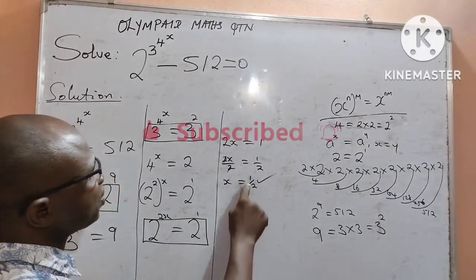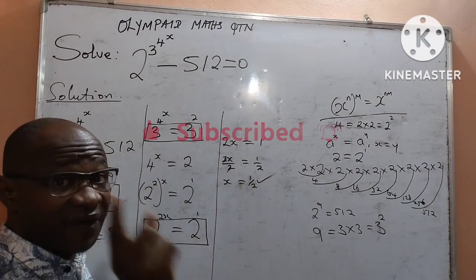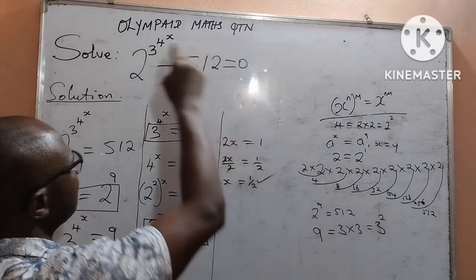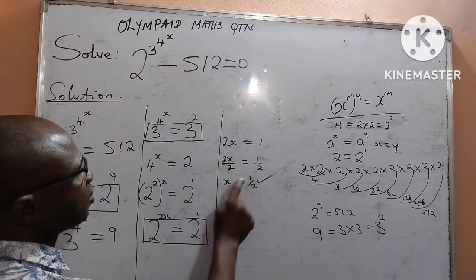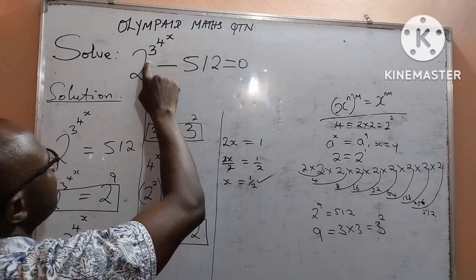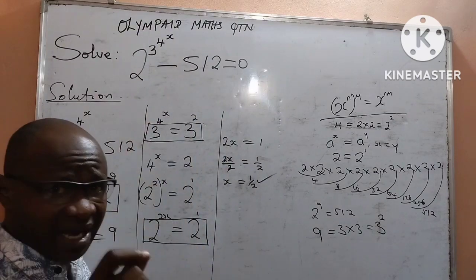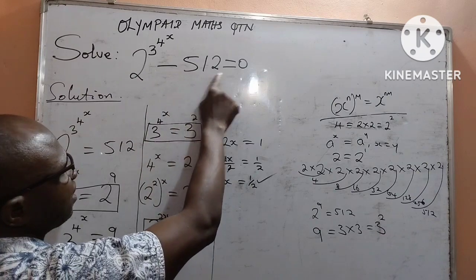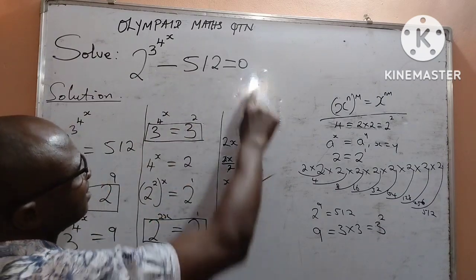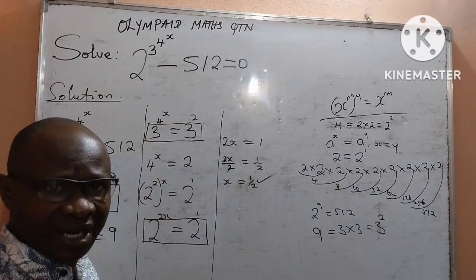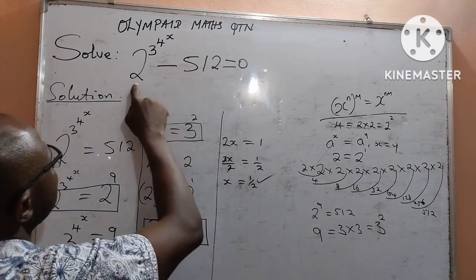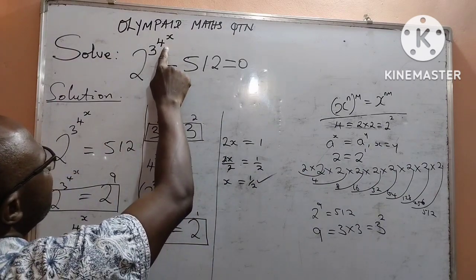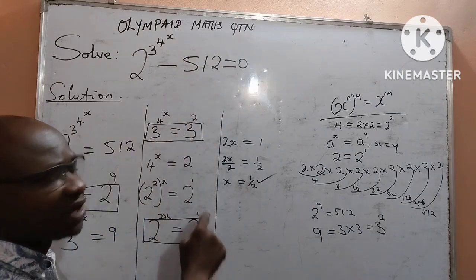Alright, permit me at this point to check our result. What we want to do next is to take this 1 over 2, which is our final answer for the value of x in the question we are given. We will put this 1 over 2 inside the question wherever there is x to see if the left-hand side will be equal to the right-hand side. The right-hand side is actually 0 in the question we are given. On the left we have 2 to the power of 3 to the power 4 to the power x, minus 512.